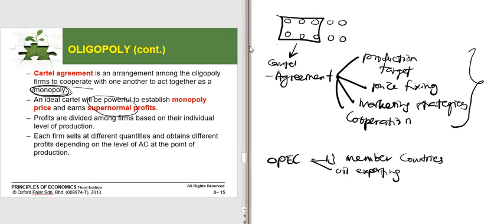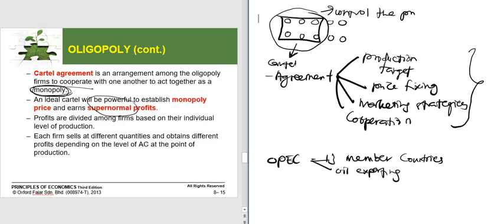Since they are very powerful, they can actually control the price of the production. For example, OPEC just now, they can actually control the price of oil, and the price that is set by these 13 member countries in OPEC can actually give impact on the global price.